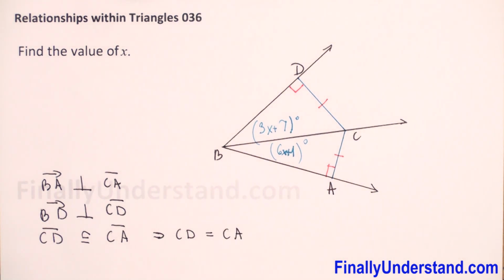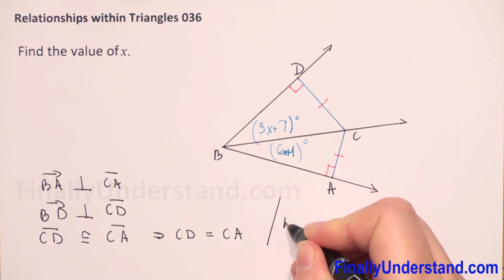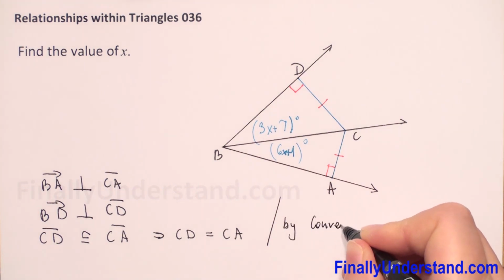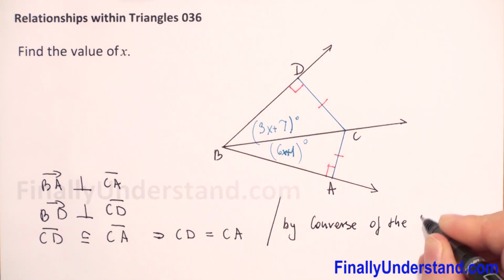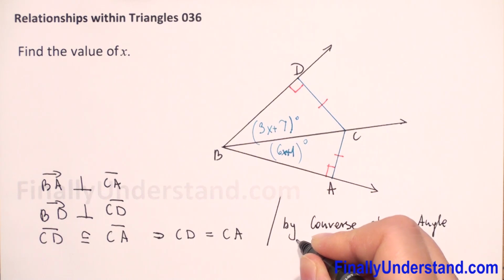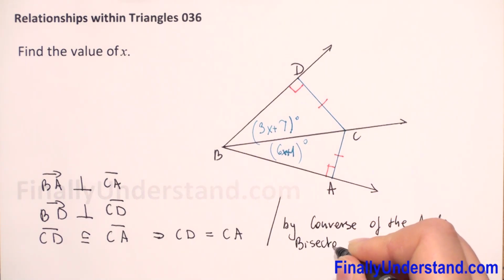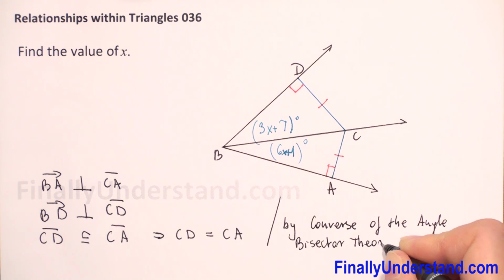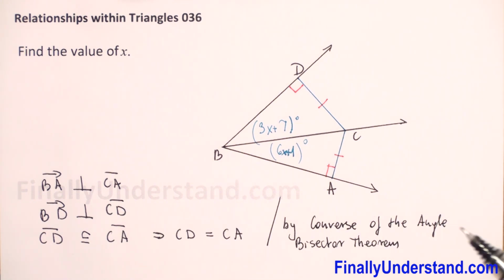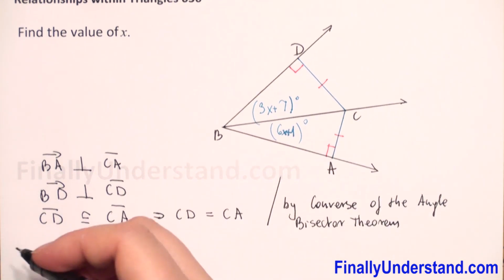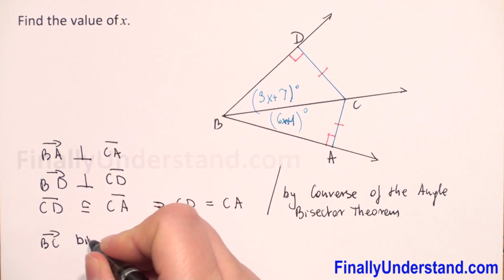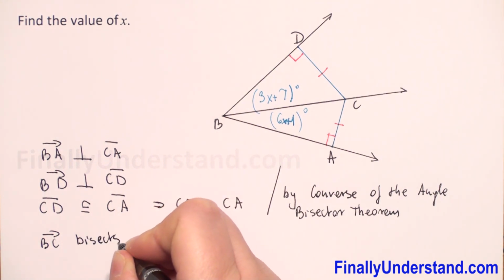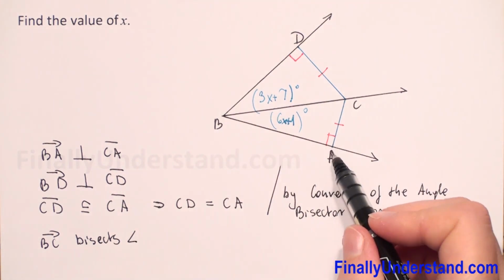So now we can use the converse of the angle bisector theorem. And we have that BC ray bisects angle ABD.